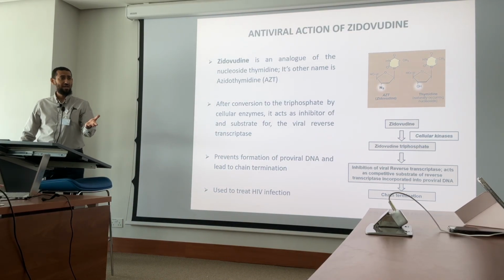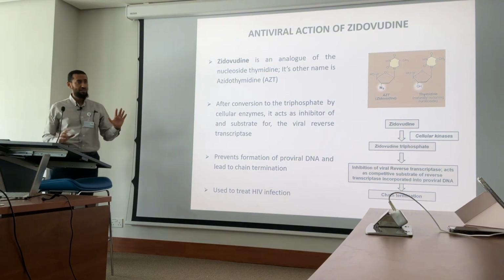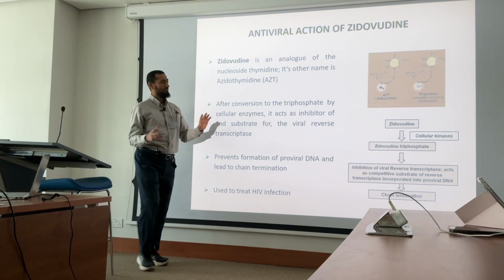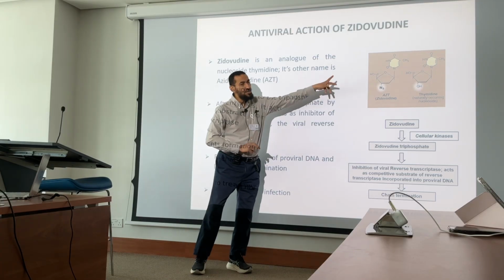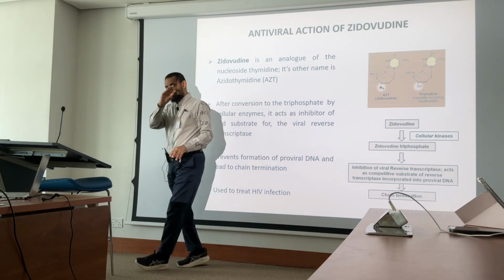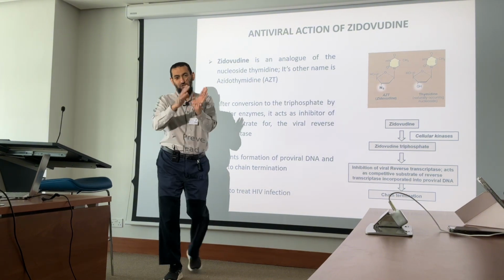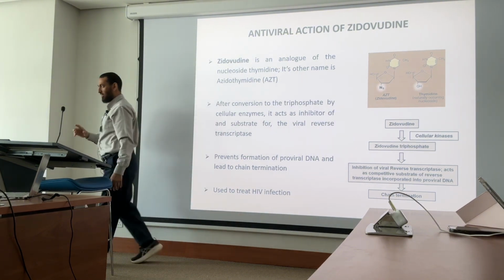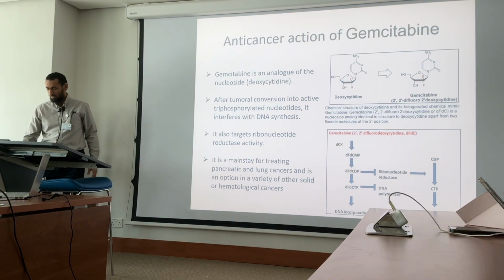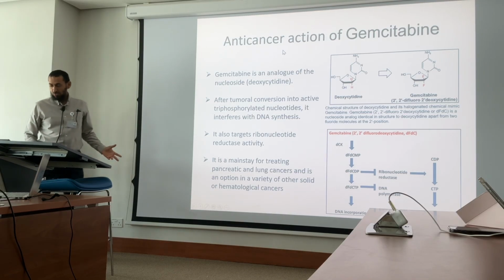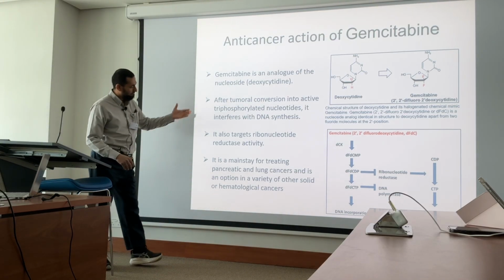Is the idea clear? The concept is very simple. The details aside, the concept is to change the structure of this compound, and we name it a nucleoside analog. This is the third example, gemcitabine.